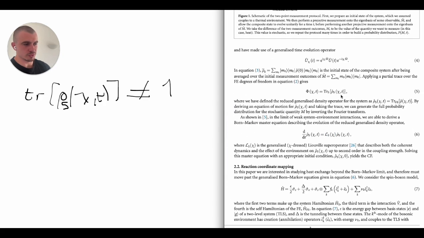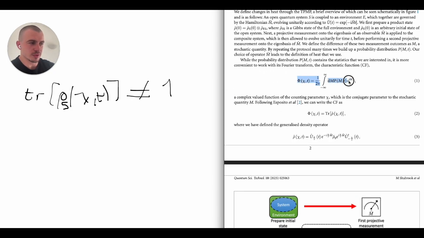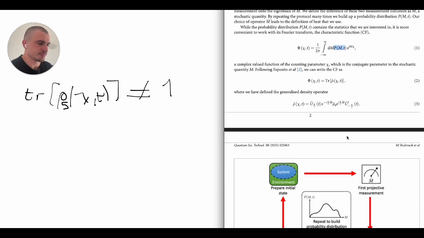Okay, so why is that useful? Well, because if we can solve this master equation, which it turns out that we can, then we have access to a list of all of these states, which we can therefore take the trace of, which therefore gives us the characteristic function. If we have the characteristic function, we can just inverse Fourier transform and get the probability distribution that we're interested in.